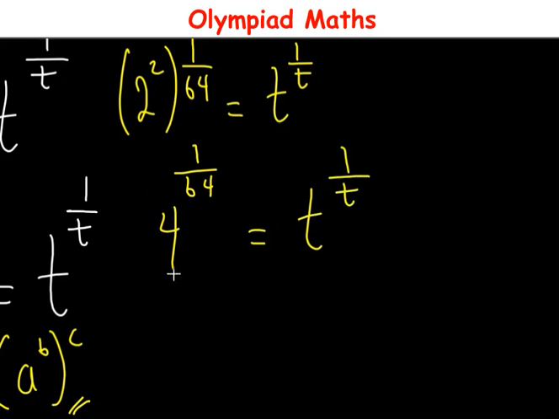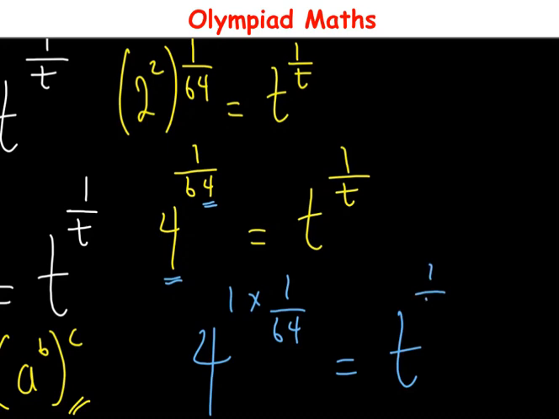Now, at this junction, the base right here is still not equal to the power denominator right here. So we are still going to solve it further. First of all, factorize out 1 from here. This becomes 4 raised to power 1 times 1 over 64 is equal to t raised to power 1 over t.